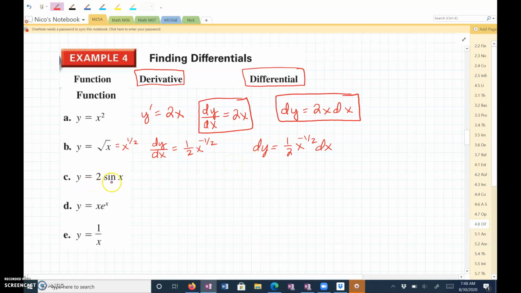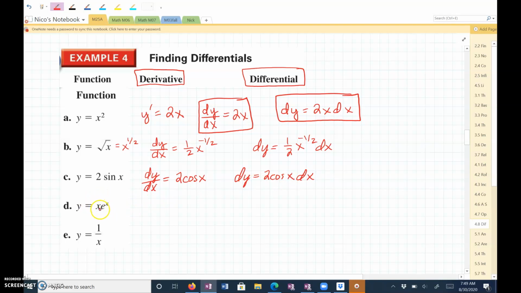Next, y equals 2 sine of x, so dy dx equals 2 cosine x, so the differential dy equals 2 cosine x dx.